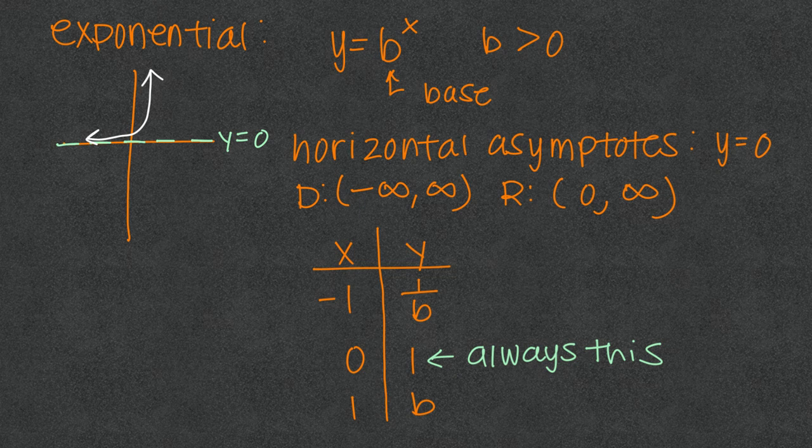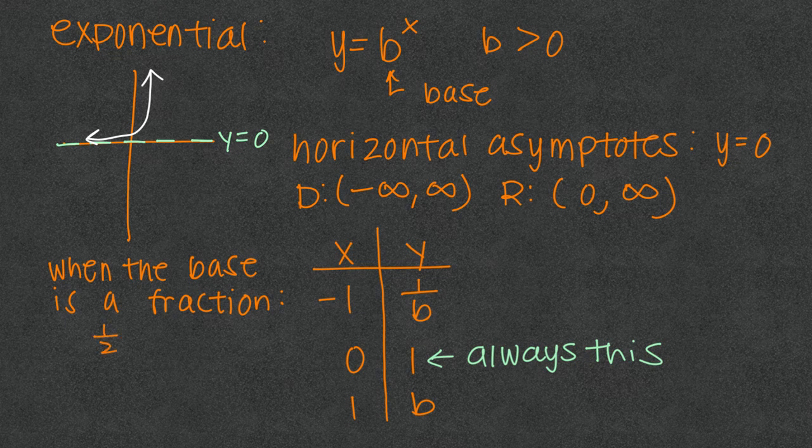The only other thing I want to talk about with exponential functions is sometimes the base was a fraction. So when the base is a fraction, so if I had like 1/2 to the x power, we make it a negative exponent.